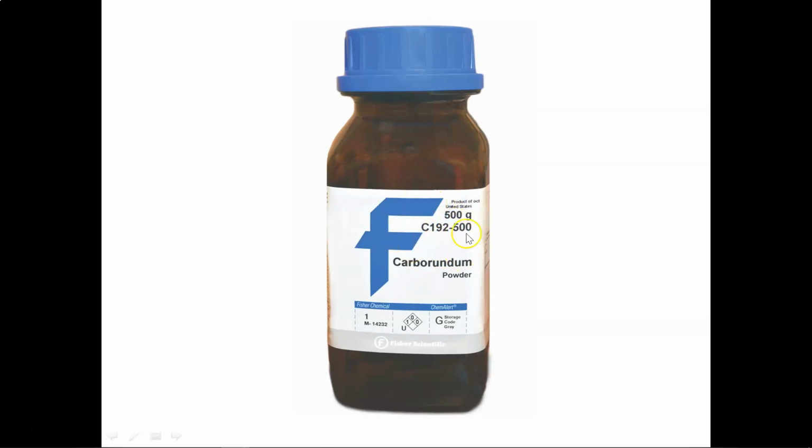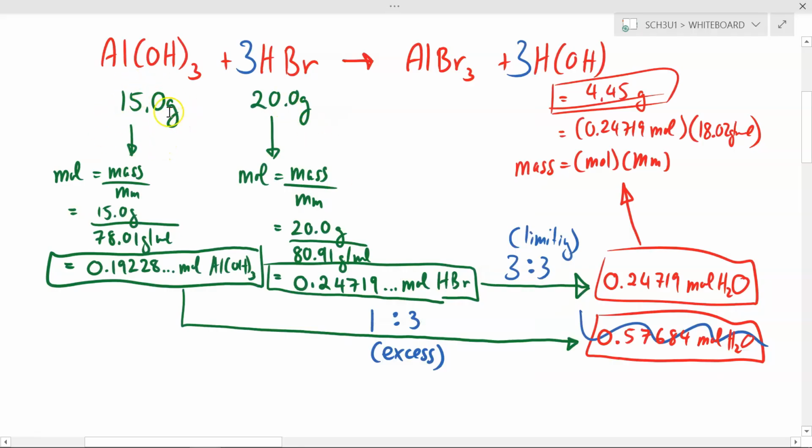But you will never see the manufacturer state that it's 100% pure because they can't guarantee that. So when I scoop out 15 grams of aluminum hydroxide, I can't guarantee that exactly 15.0 grams of that powder is exactly aluminum hydroxide. More than likely, part of this mass contains a contaminant or an impurity. So again, there's no way you can get exactly 4.45 grams of your final product.